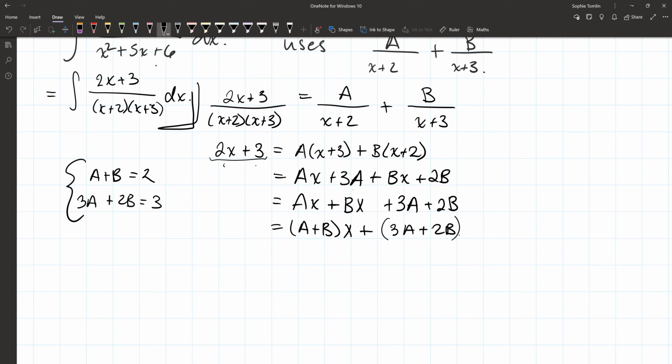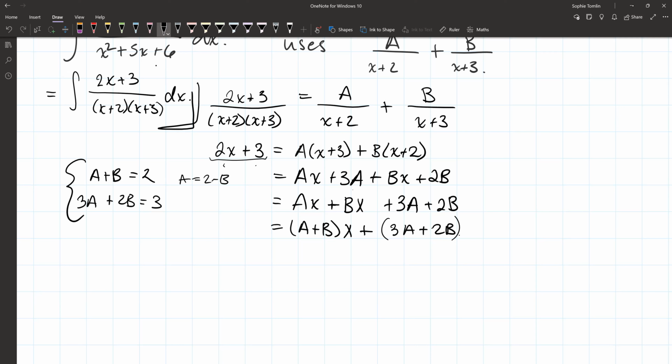Your ultimate goal would be to write one of the equations in terms of the other variable. For example, if you wanted to get a by itself, we have a is equal to 2 minus b, and then you substitute that in here, and then you have an equation in terms of only b's, and then you isolate for b, and then you put the b back in here, which is a little bit complicated.